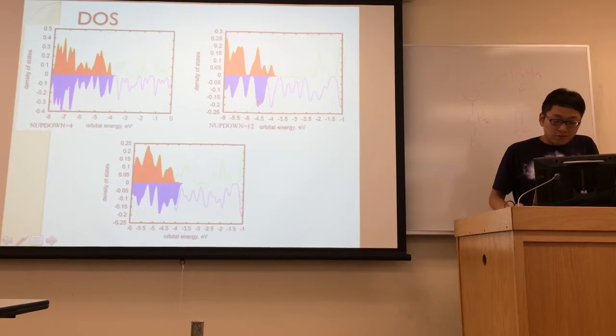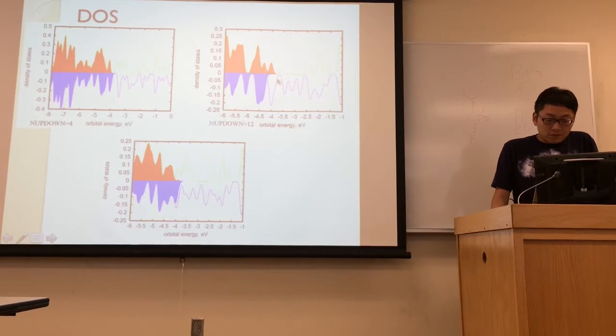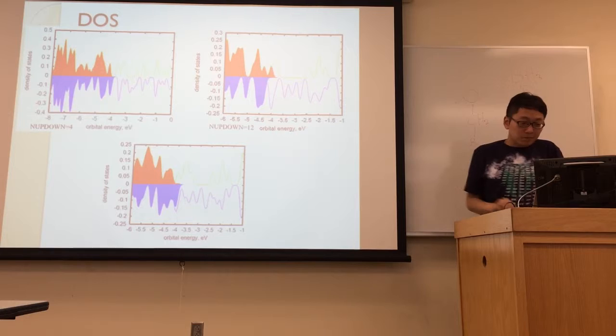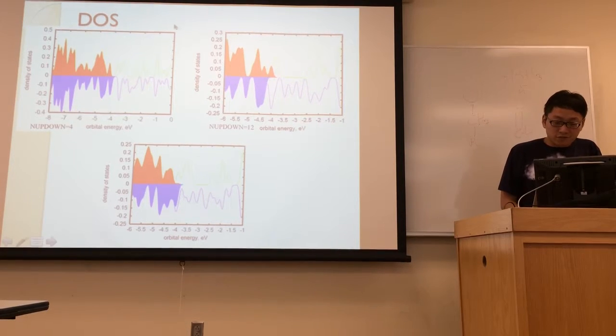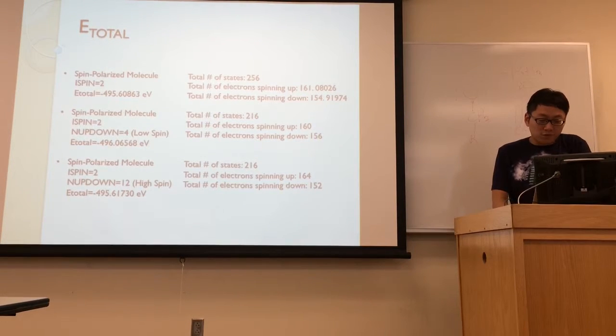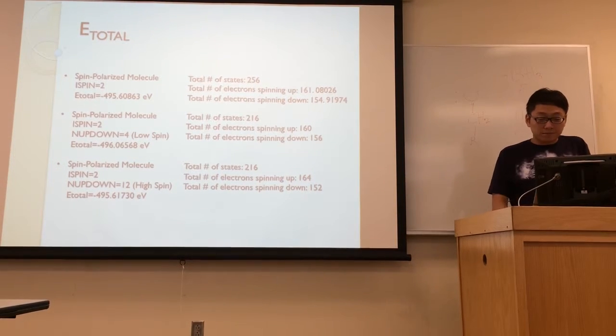In contrast, reversely, in here the situation gets reversed. You see there's more orbital energy here, and that might be because of the increased electrons spinning up in the high spin situation.